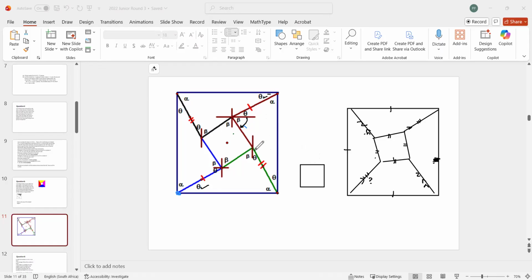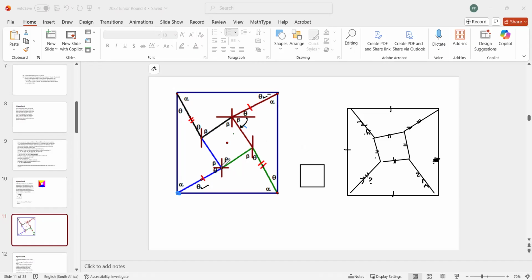Likewise, this one is rotated through beta, so this vertical line is also rotated through the same angle, beta.